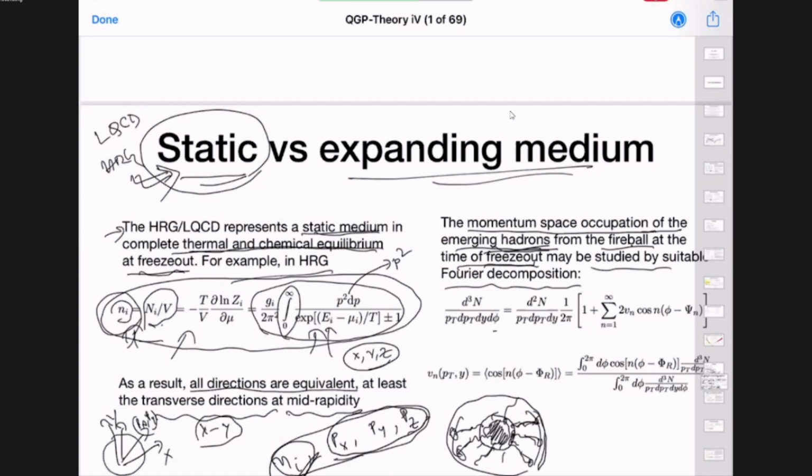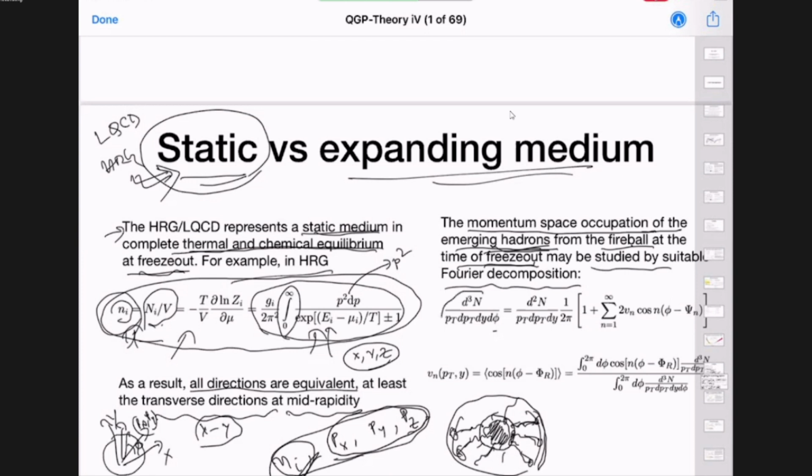distribution. One thing you could study is the dependence on the azimuthal angle phi. For that, you could expand that dependence in a Fourier series expansion, a cosine and sine series, and this is what is commonly done.